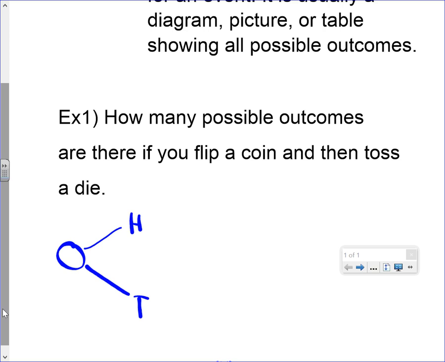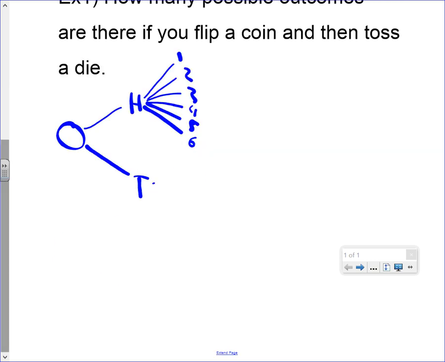So after I flip the coin, I roll the die. How many possible outcomes are there on the die? 6. So from heads, go ahead and put 1, 2, 3, 4, 5, 6. And from the tails, go ahead and write like a little tree diagram. 1, 2, 3, 4, 5, 6.